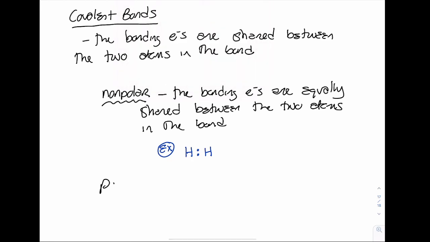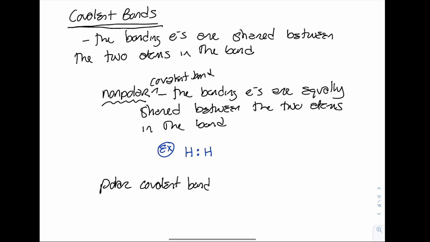A polar covalent bond, and these are under covalent bonds. I didn't write covalent bond here, but they are under this category. So in a polar covalent bond, our bonding electrons are not shared equally. They're still shared, right? It's not ionic, it's still covalent, so we're still sharing them.